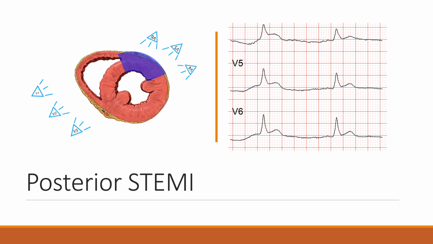They shifted V1 and V3 to the right, and they did an 18 lead. The right side was negative or unremarkable, but the back side showed what you see on the screen there. And you can see that, especially in V5, we have some positive ST elevation confirming the diagnosis of posterior STEMI, which was confirmed on cath. And the patient did make a full recovery, so that was a good catch by that crew as well.